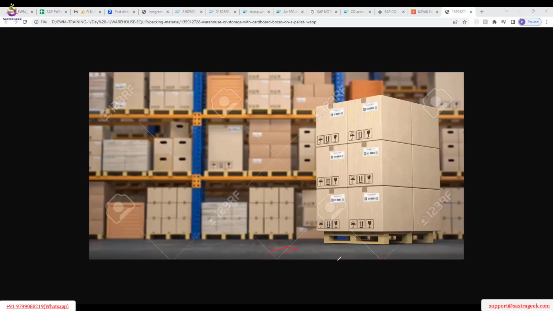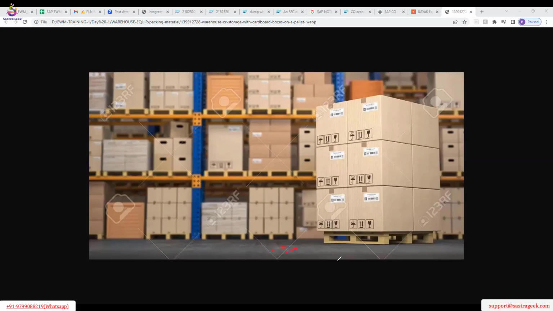Within Europe, for wooden pallets we have different combinations, two-way pallet, one-way pallet, and the sizes will vary.